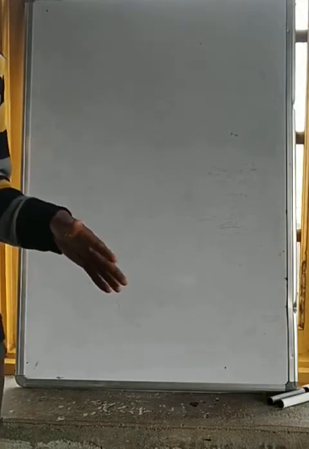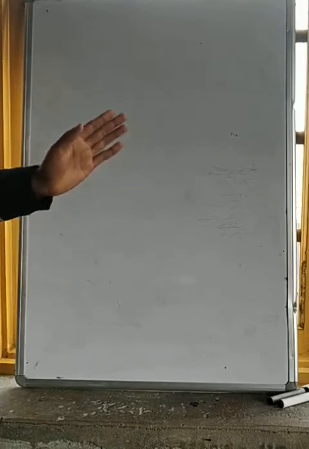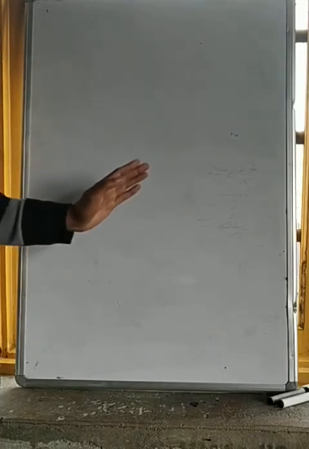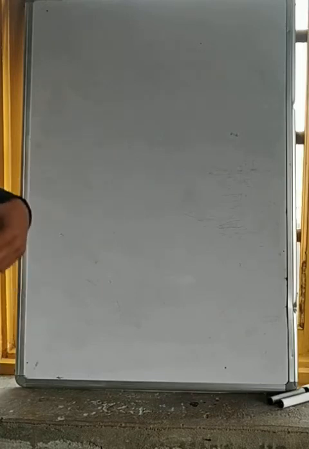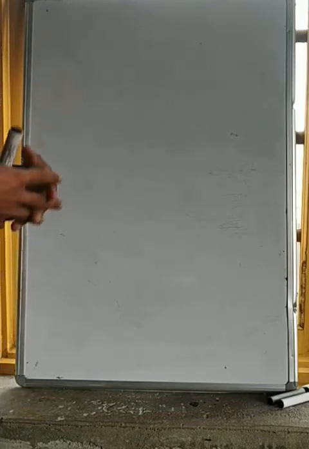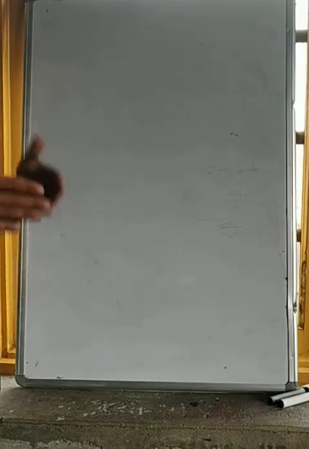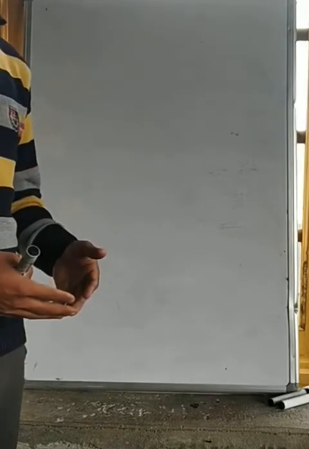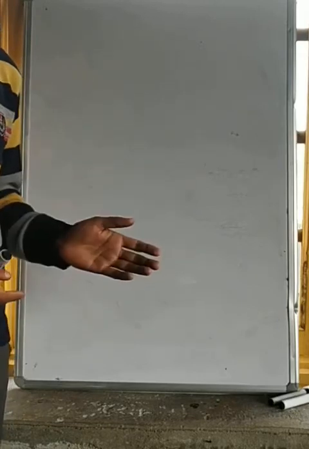To solve the questions given in the exercise, we must either memorize this table or we must be able to define which side or which angle we are talking about, or which side is perpendicular, which side is base, and which side is hypotenuse.